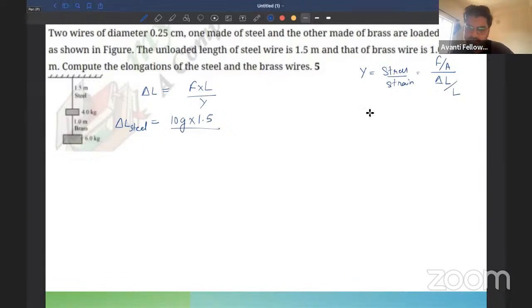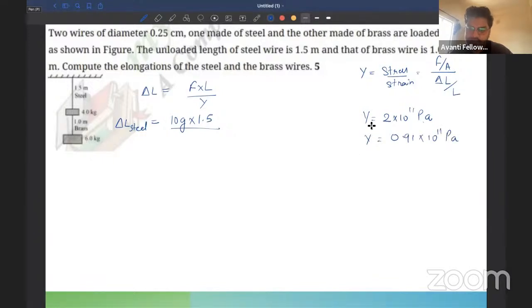ठीक है, I'll write it here. That is my mistake. 2 into 10 to the power 11 Pascal ले लेते हैं. This is Young's modulus of steel. If I talk about Young's modulus of brass, it is 0.91 into 10 to the power 11 Pascal.